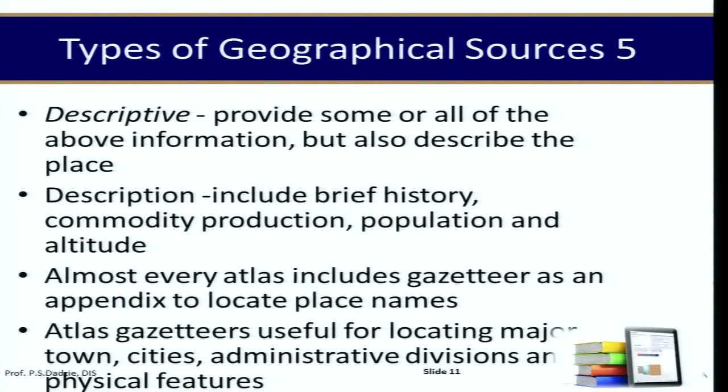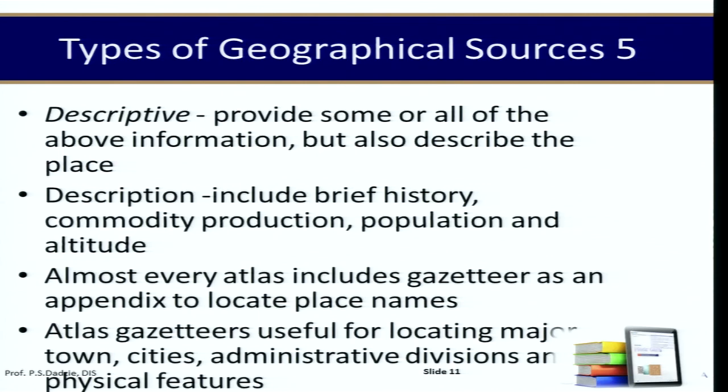The locational gazetteer provides information precisely locating the features either by the atlas page or the index or the longitude or latitude on the Earth's surface. Then the descriptive gazetteer gives you detailed information about that particular location that it has mentioned.